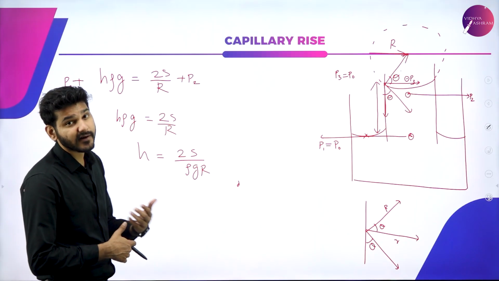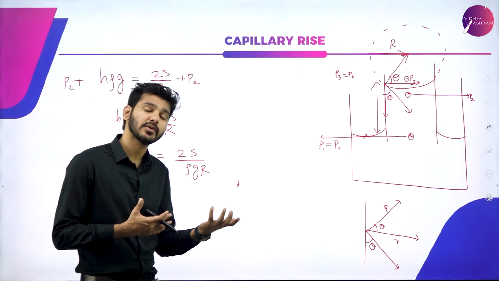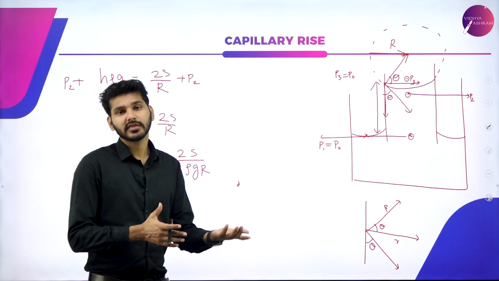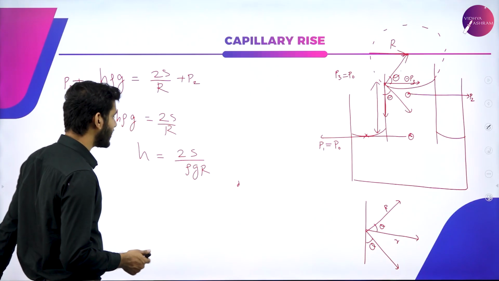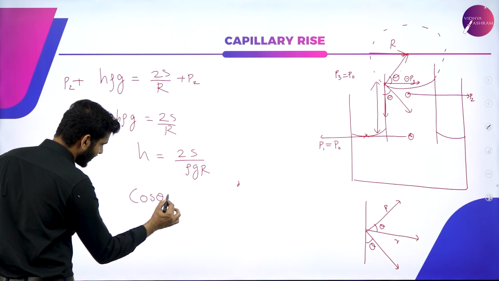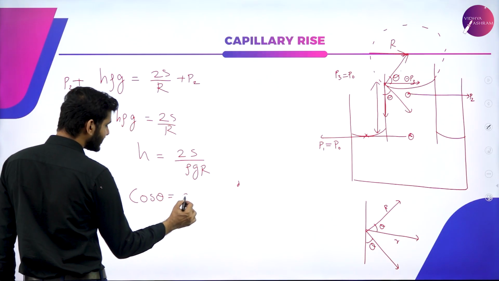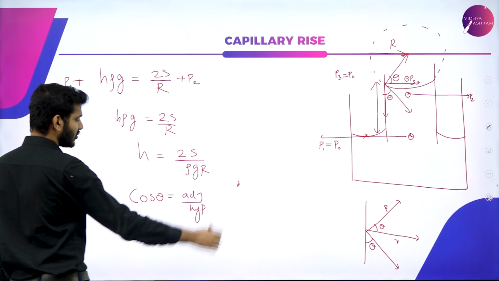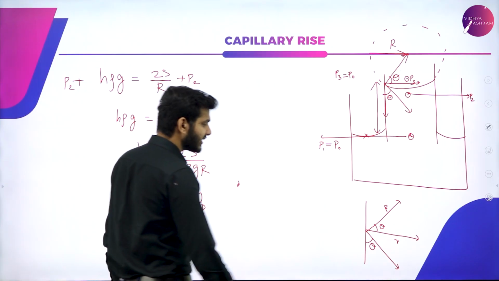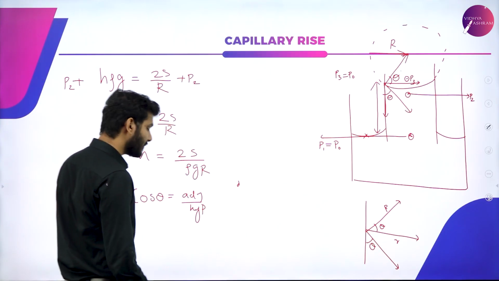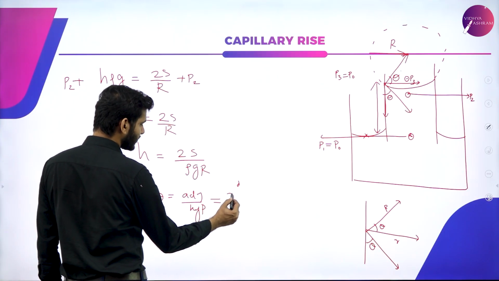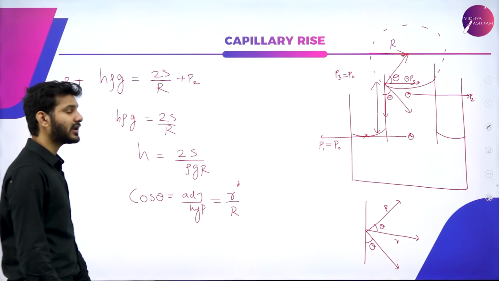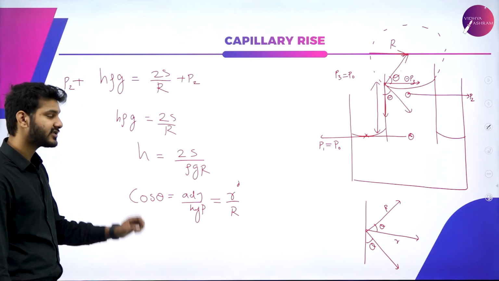From this, we are going to find out what that particular angle is all about. For that, we are going to apply the trigonometric laws, or simply we are going to take cos theta, which is equal to adjacent side divided by hypotenuse. So what is the adjacent side here? Adjacent side is small r, and hypotenuse is capital R. So r divided by capital R will give you your cos theta.